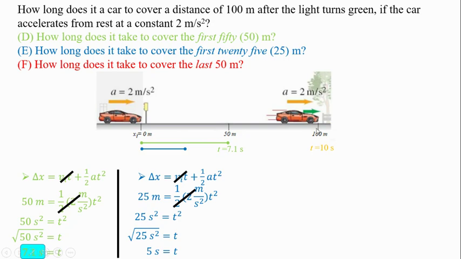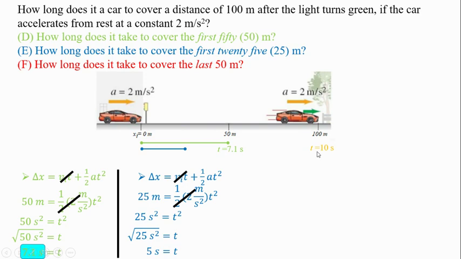So therefore, to cover the last 50 meters, it actually takes less time because it's now getting even faster. So when you're moving faster, it takes less time to cover the same amount of distance, okay? So don't just think linearly. You have to think, in this particular case, quadratically, because this t squared in the displacement function is a quadratic function.